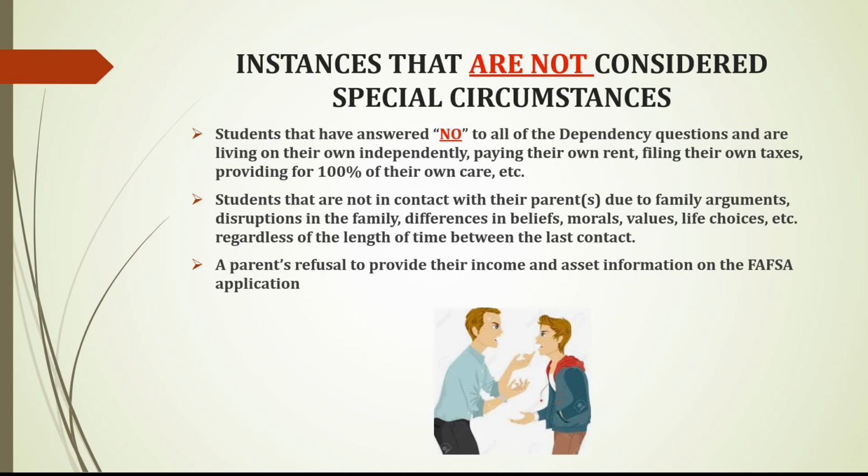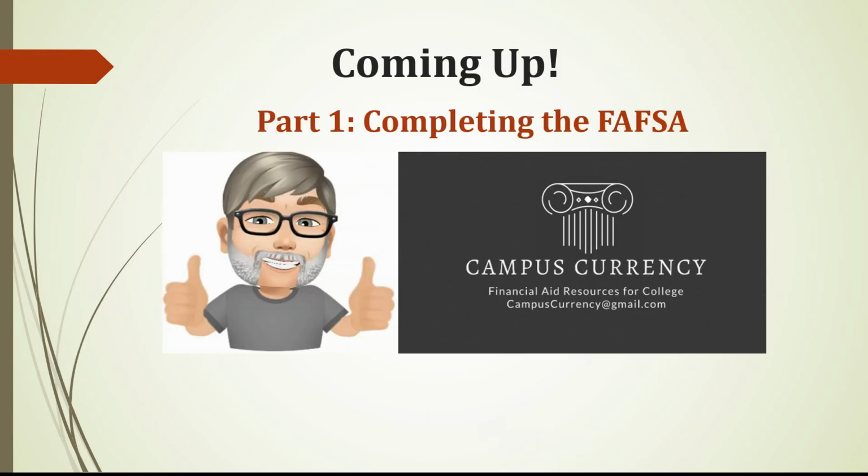Unfortunately, the U.S. Department of Education sets the standard as to who's considered a dependent student or an independent student, and if that student has answered no to those 13 questions, the parent must provide that information. Otherwise, the student will only qualify for a direct, unsubsidized loan each year, and that is the only financial aid they will qualify for. I hope you found this information helpful.